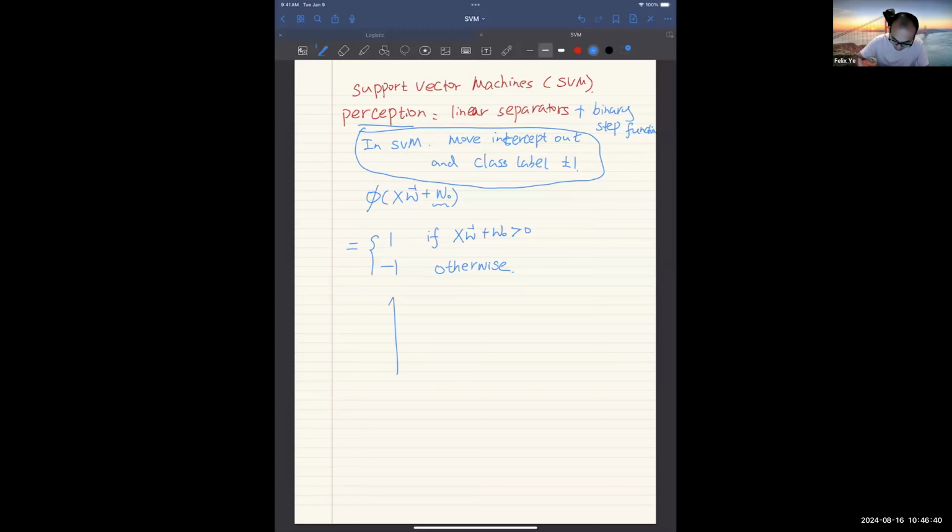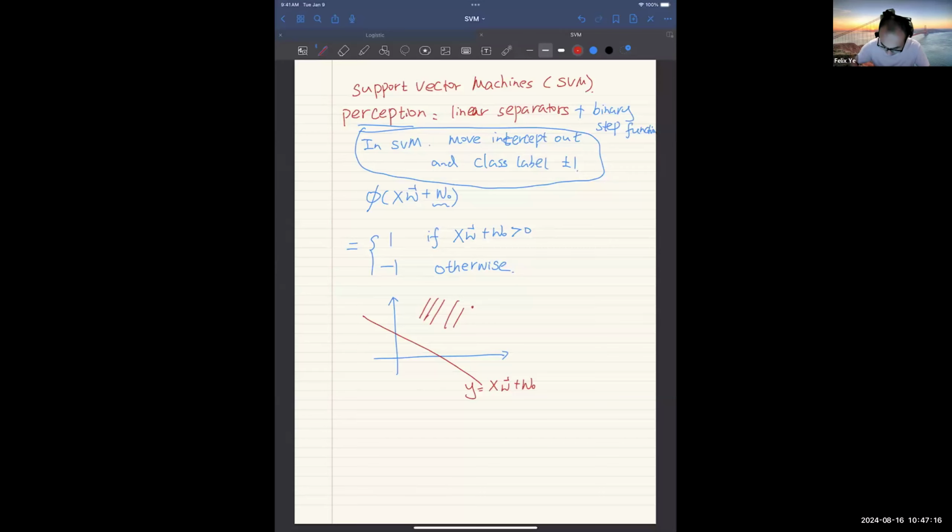You can think about it in a 2D plane, where we just draw a straight line here: the line w x plus w0 equals 0. Everything above this line, if we plug a point x and y into the formula of this linear separator, gives positive values.